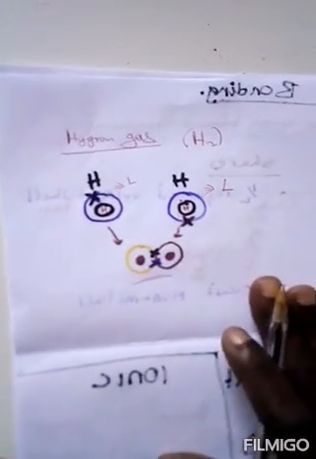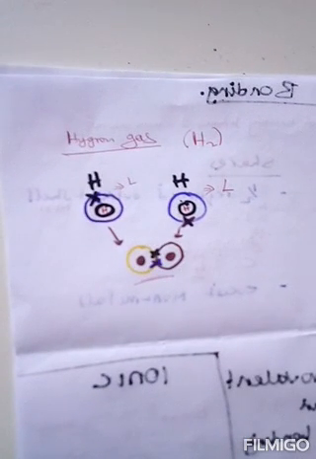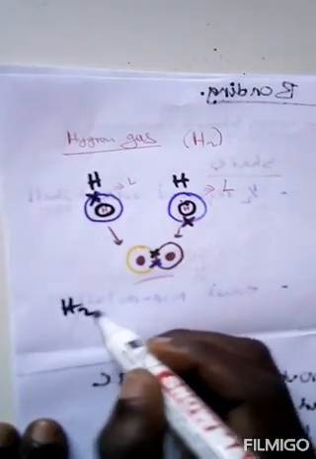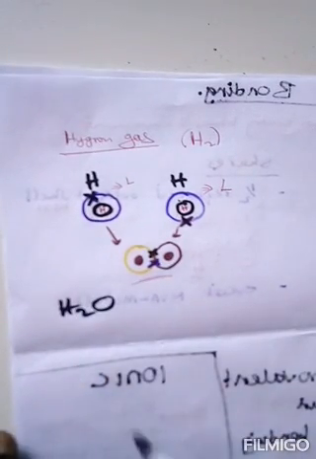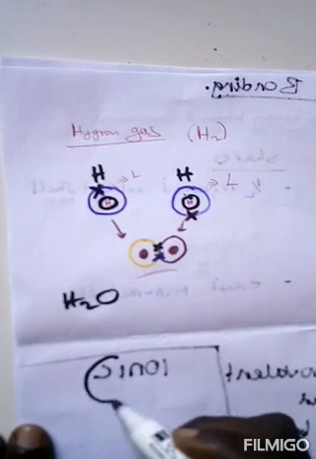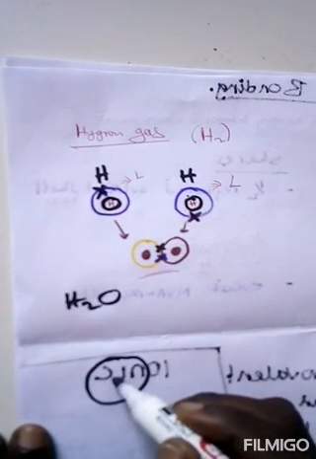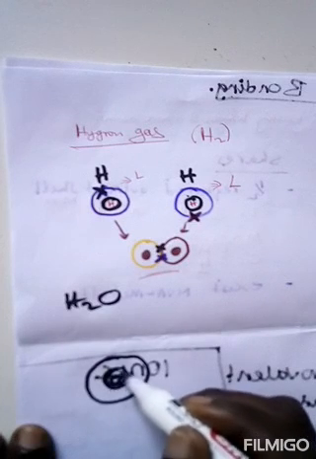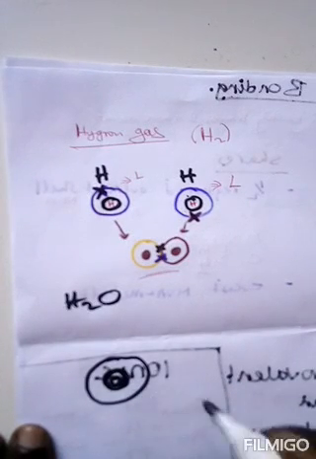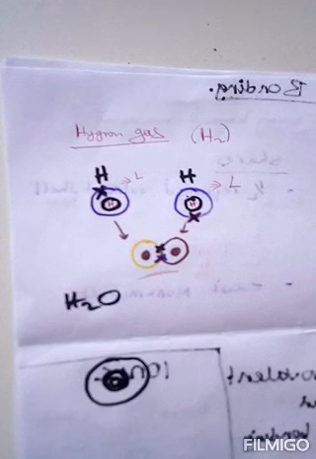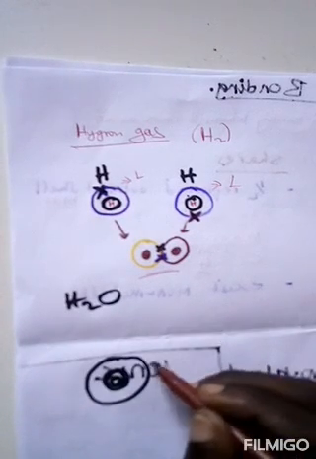This can also happen, for instance, in water. Water molecule like this. So we have an oxygen atom like this. Here we have oxygen, and this is the nucleus. This oxygen atom will be married, allow me to use that term, to two hydrogen atoms.